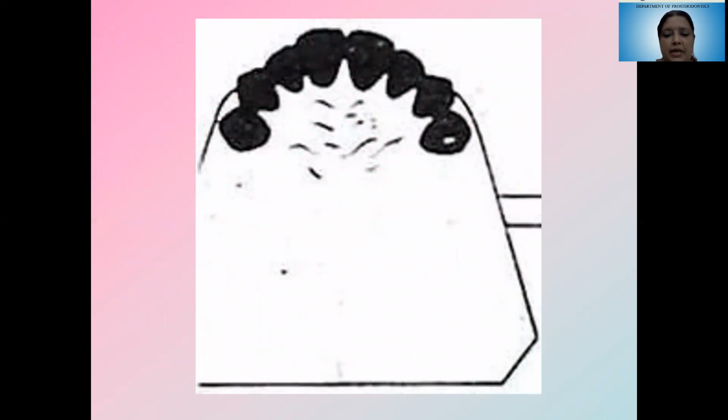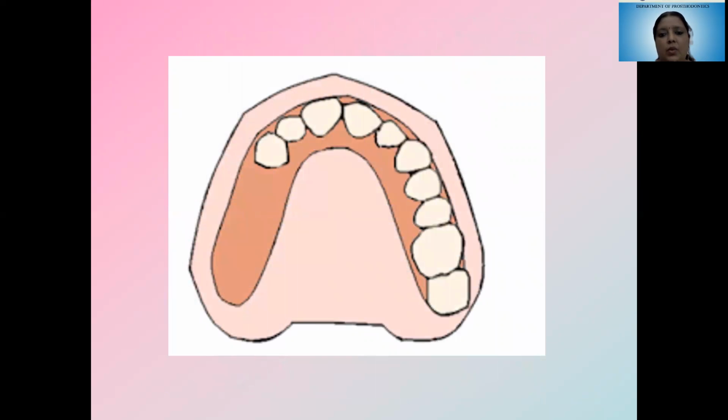Okay, so let's take a quick recap. Let's look at some clinical scenarios and see if we are able to identify them. This is very simple. This is a Kennedy's class 1 situation. Now, this unilateral edentulous area posterior to the remaining natural teeth is a Kennedy's class 2 situation.